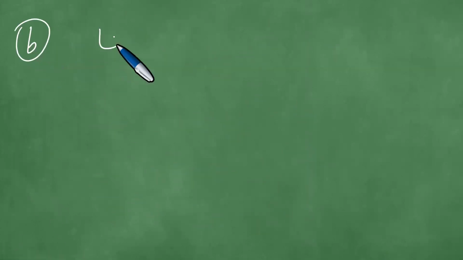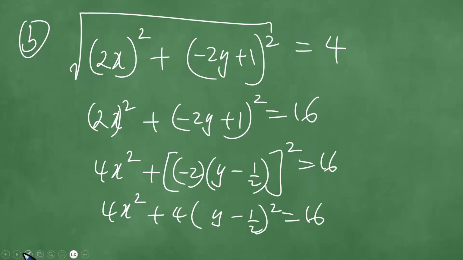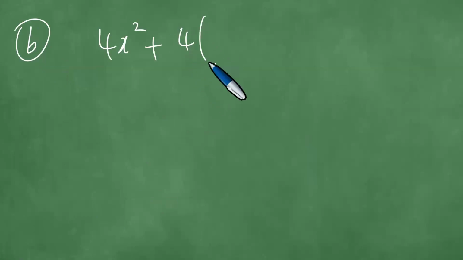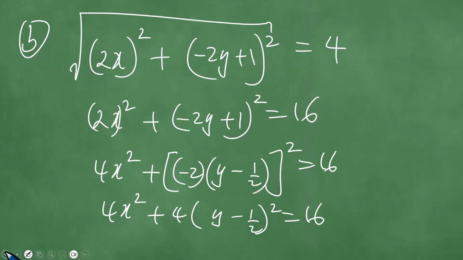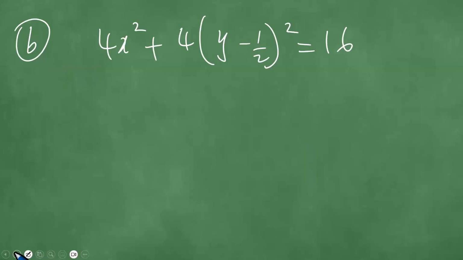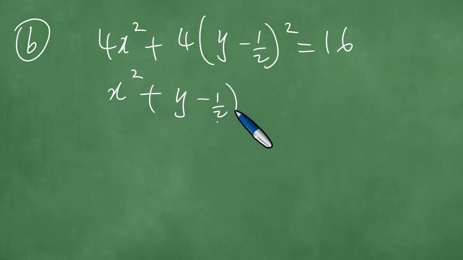You can divide through by 4, getting x squared plus y minus 1/2 squared equals 4.